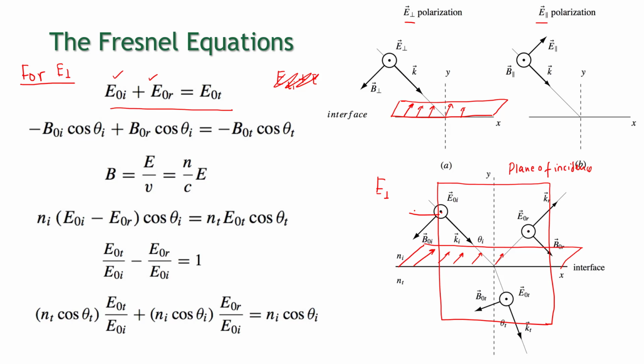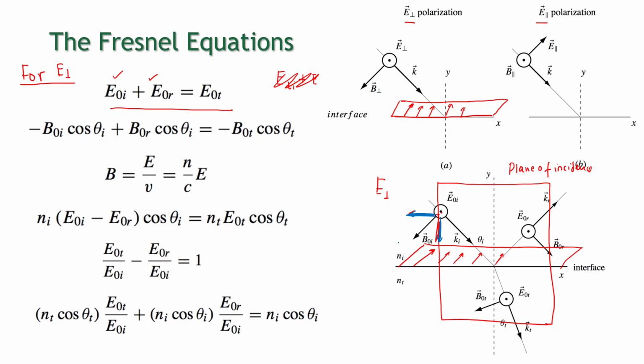Let me use a different color. So we have this component and this component. So our boundary condition needs this component.